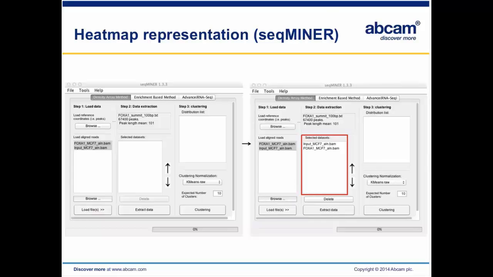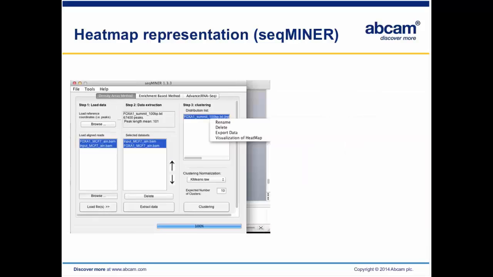When you click Extract Data, seqMINER will plot the reads from each alignment file you just loaded on top of your peak file and generate a heatmap matrix. After it is done, the result will show up on the right. If you right-click the result and choose Visualization of Heatmap, a heatmap of the two files you loaded will be displayed.